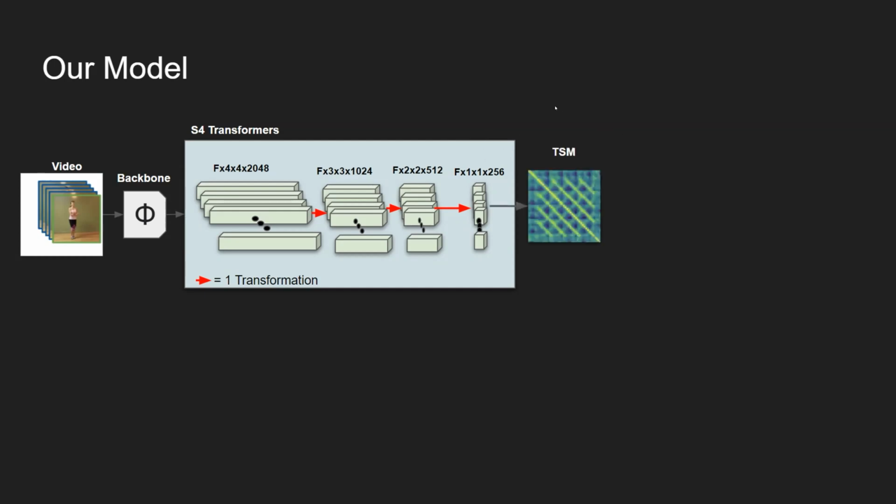Then we compute the temporal self-similarity using the negative softmax of the L2 distance. And this results in 2,048 features per frame, which we reduce to 512 to feed into a transformer.